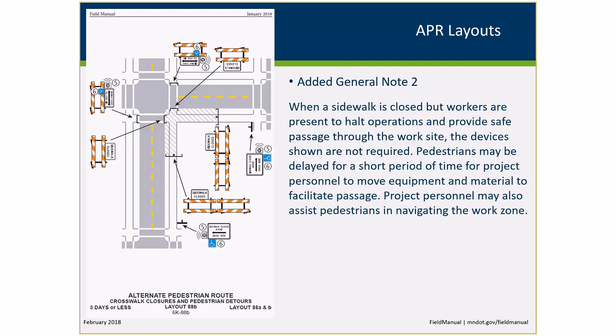Granted, if you've got a lot of pedestrians working in downtown Minneapolis or St. Paul, you may still want to set up an alternate pedestrian route, but this gives you the flexibility to not do that. If the work zone is unattended at any time, or if it lasts longer than one work shift, you need to have an alternate pedestrian route. But if you're just there for a little bit of time, this means that you can get there, work without having to set up an alternate route, and then as long as people are there, you can move things out of the way to let the pedestrian go through.